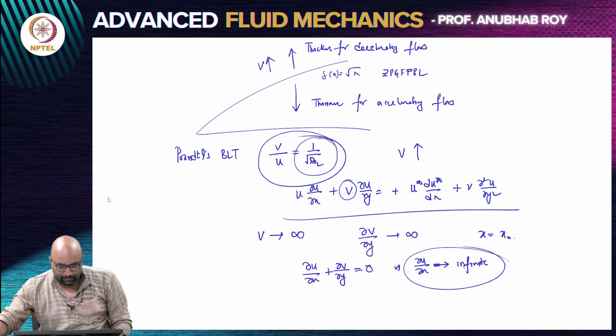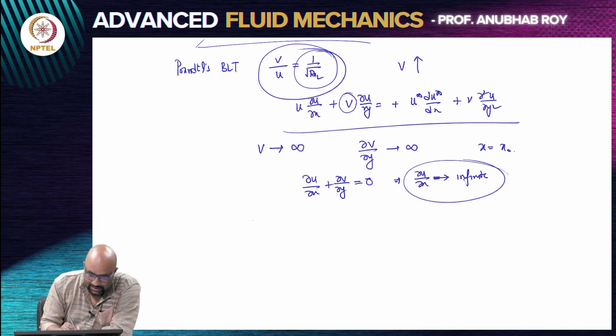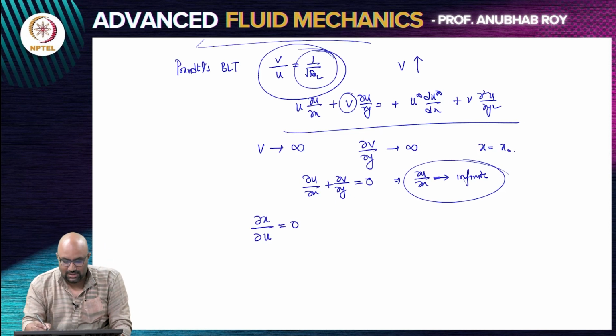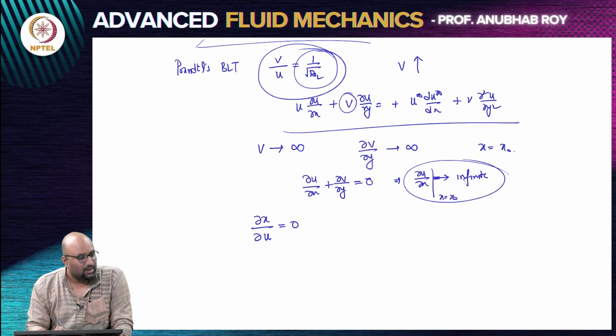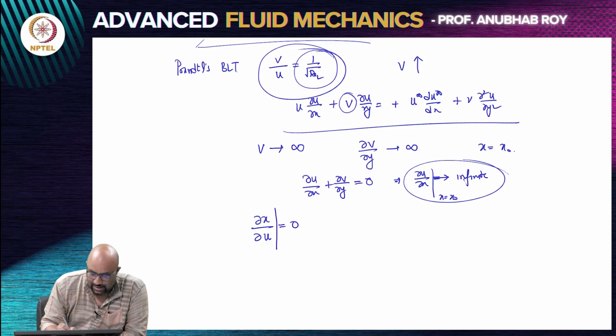So, now if I write this in a different way, rather than treating velocity as a function of the coordinate on the plate, let's treat the coordinate on the plate as a function of velocity. So, this is infinite at x equals some x naught. Now, what I will say is that dou x dou u is 0 for u equal to some u naught of y.